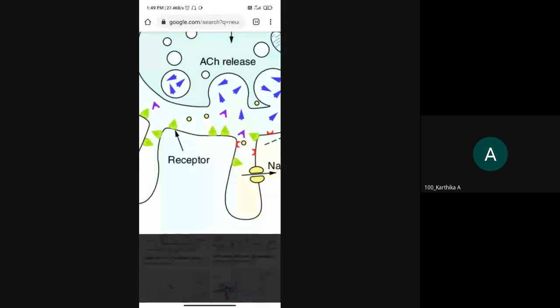We have two other proteins against which antibodies are produced: muscle specific kinase and low density lipoprotein receptor related protein, that is LRP4. Against these two proteins, autoantibodies are produced. So these autoantibodies will destroy such proteins, and these receptors won't be in close proximity. Again, it will result in weakness.